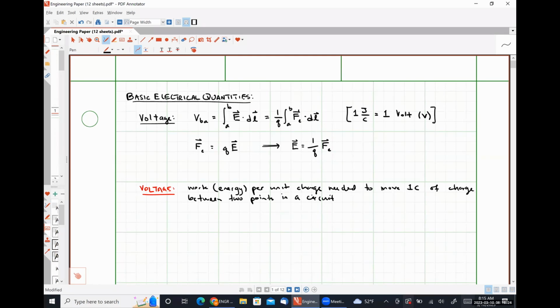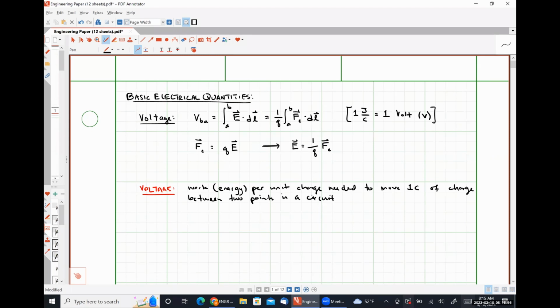Because we're dealing with a line integral, we can actually come up with a second, I would argue, more useful definition for voltage for this class, okay? So voltage is a measure of electrical potential energy, okay, between 2 points. So what do we know about another form of potential energy? Gravity is a form of potential energy, right?